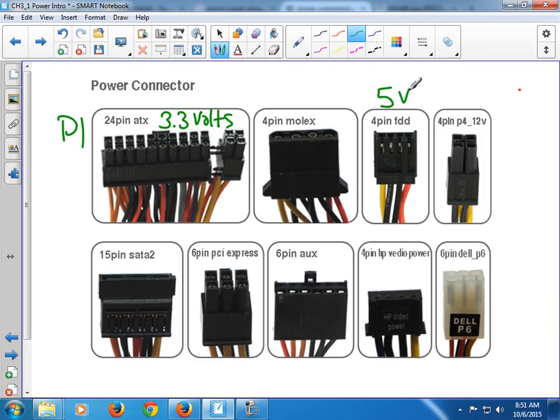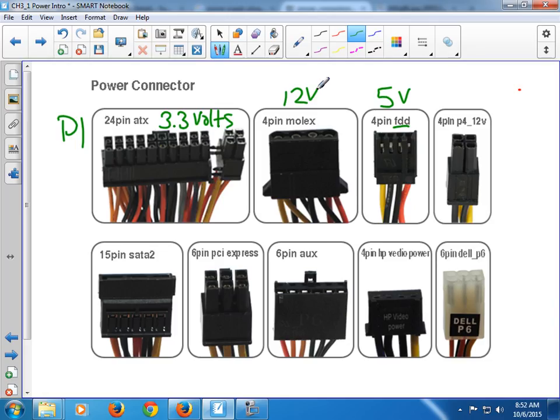Everything else is 12, 12, 12, 12, 12, 12. So if you're in doubt what the voltage is, it's 12, except for the floppy drive, which is a 5 volt connector. How many floppy disk drives? That's what the FDD stands for. How many of those do we have anymore? Not many, right? We're not going to connect many of those up. They can go to other auxiliary power things as well, but in general, they're all 12 volt connectors.